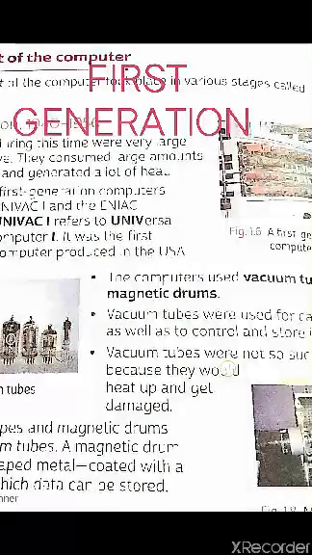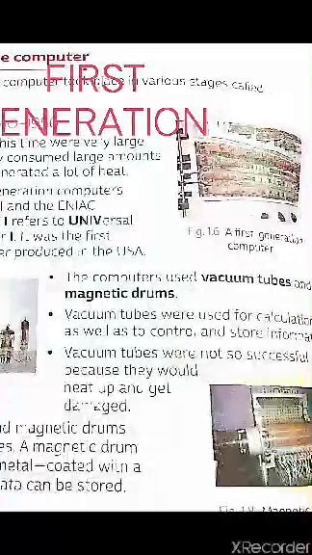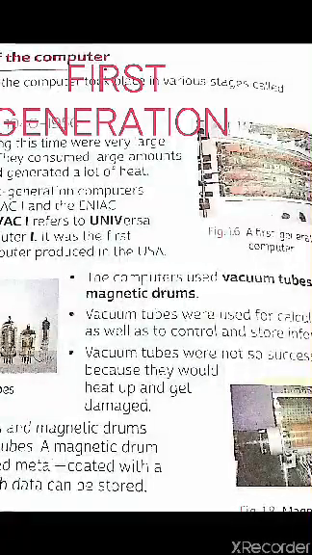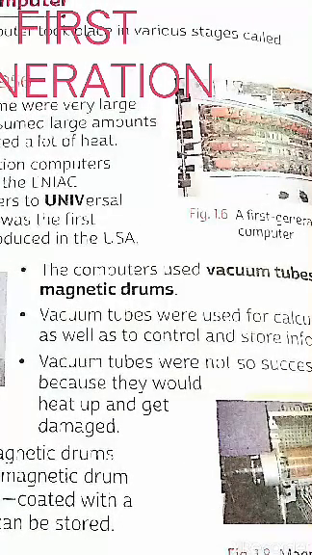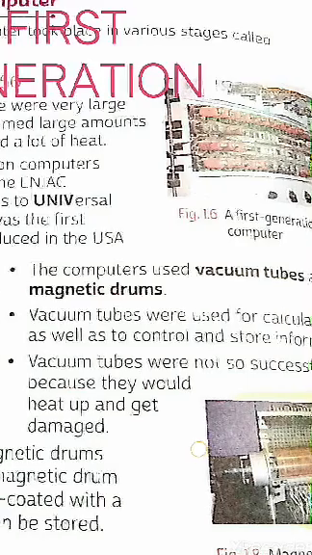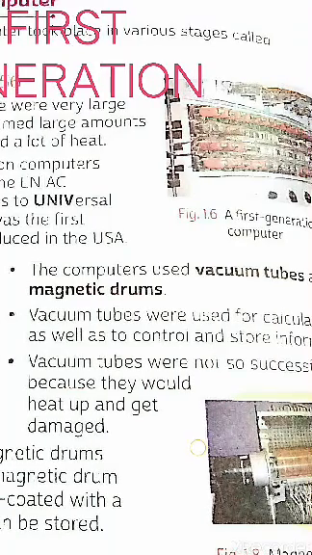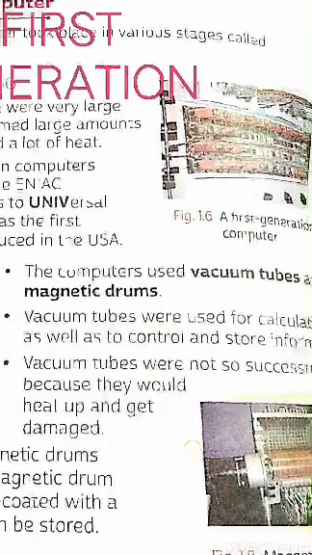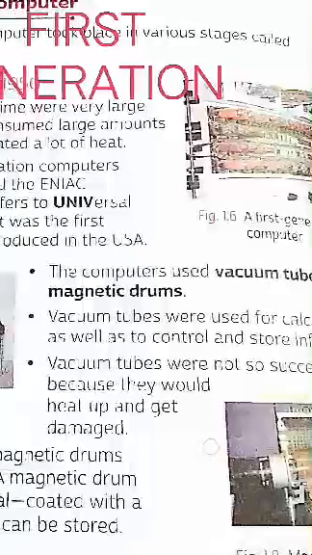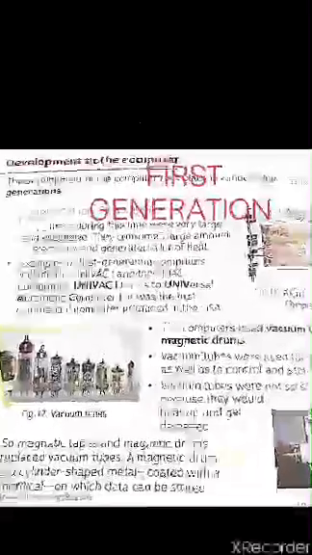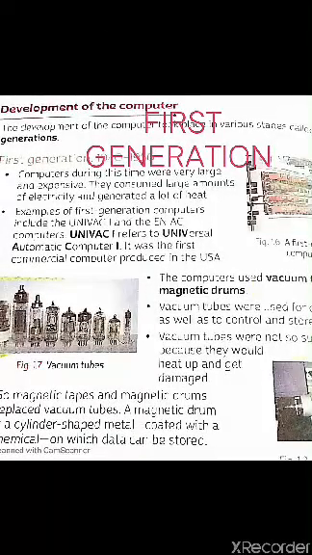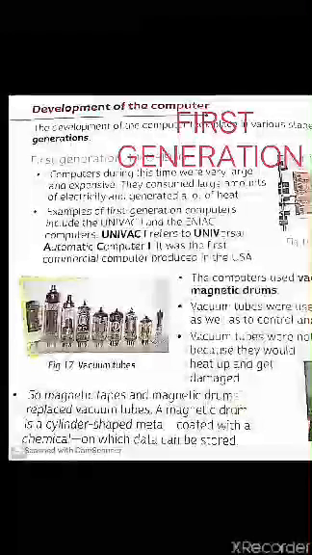In this stage, the computer used vacuum tubes and magnetic drum. Vacuum tubes were used for calculation as well as to control and store information. So, vacuum tubes were not so successful because they would heat up and get damaged. So, magnetic tapes and magnetic drums replaced vacuum tubes.